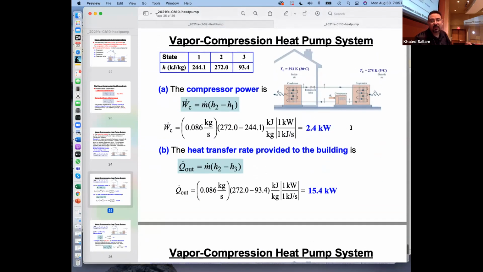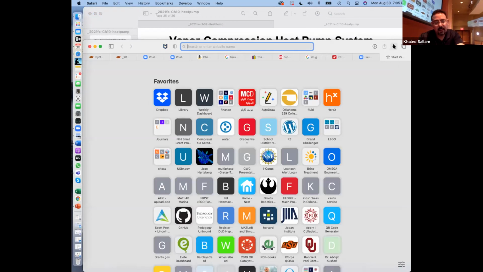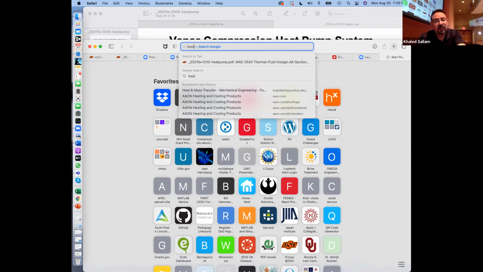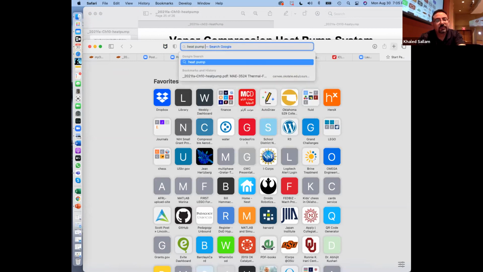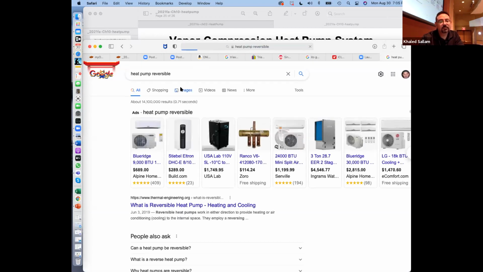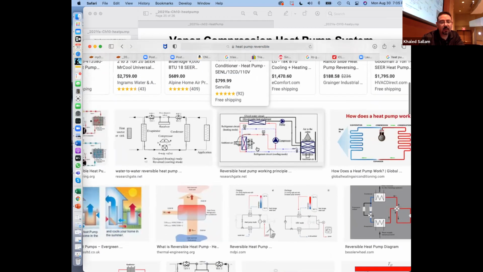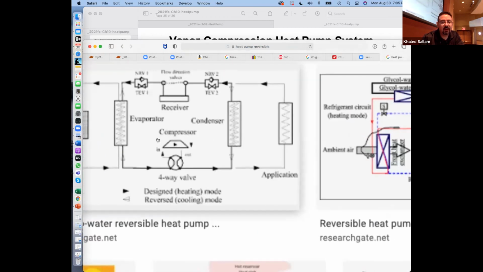So, what I really wanted to show you is how they switch from winter to summer. And now it's done by that three-way valve.